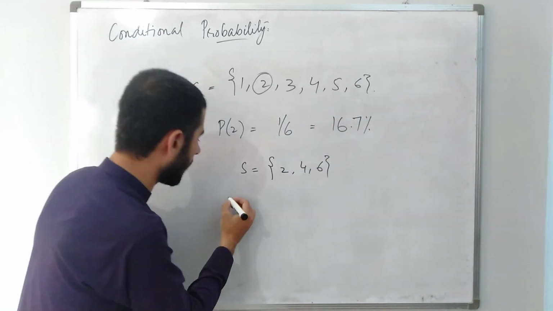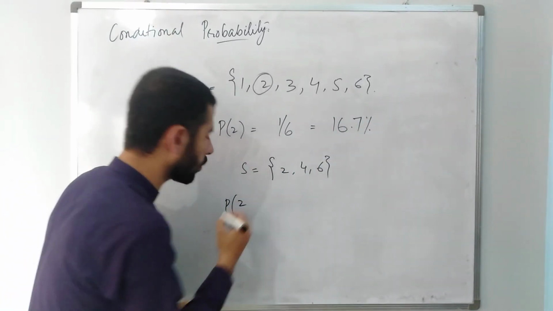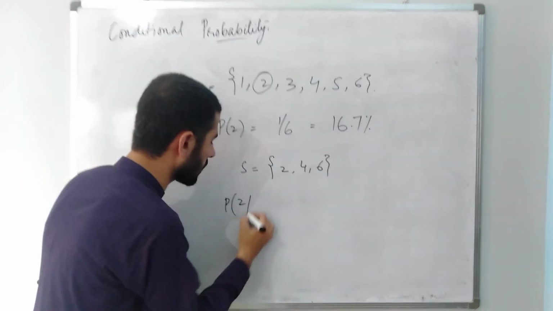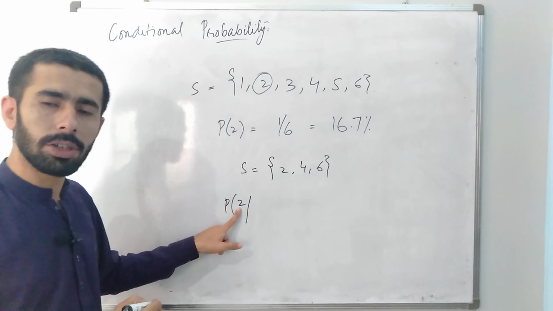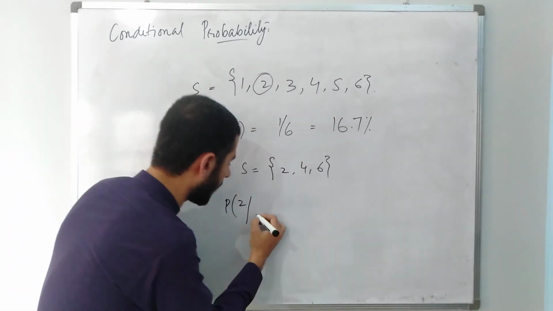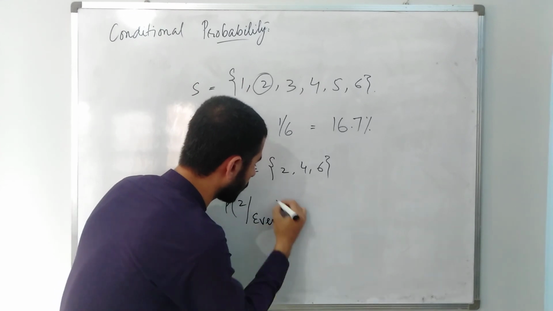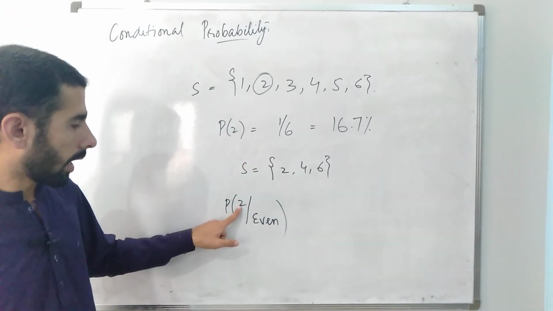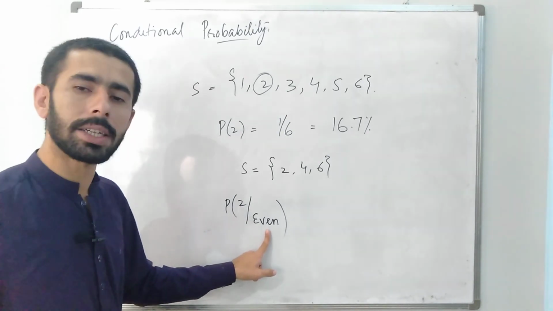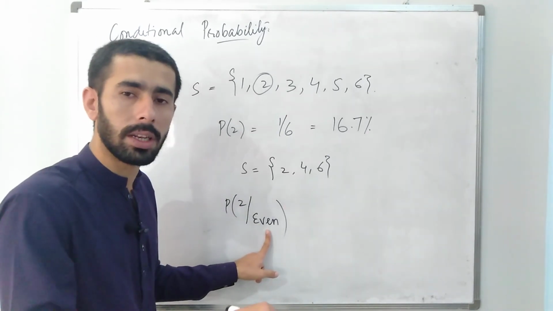So if I calculate the probability of getting 2 now, I am provided with one condition: what is the probability of getting 2 when you know that the die has landed on an even number.